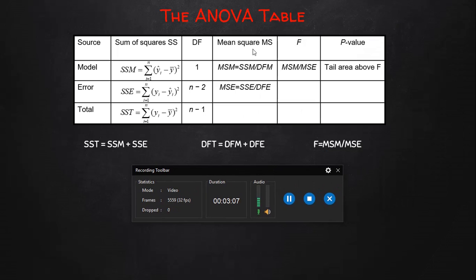Most oftentimes, we'll have to calculate the mean square. So we have mean square for the model, MSM, and mean square error, MSE. Remember on the previous slide, we said if you take MSE and square root it, you'll have the standard deviation. And then the F statistic is the ratio of MSM to MSE. The p-value will be calculated on our iPad, and we'll go through that in a little bit.